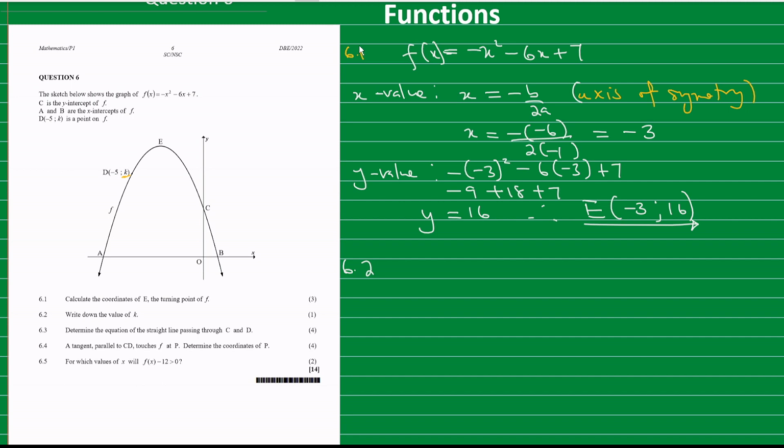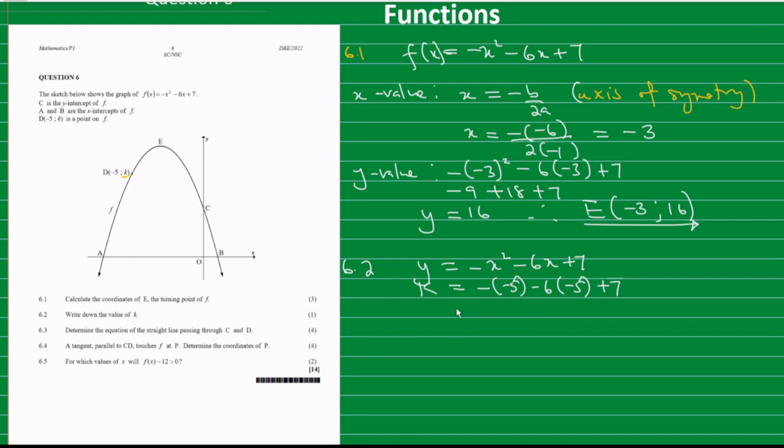We know our equation is y is equal to negative x squared minus 6x plus 7. So our k is equal to negative, now our x is negative 5, so we substitute negative 5 squared minus 6 times negative 5 plus 7.